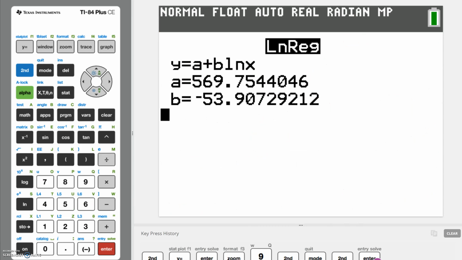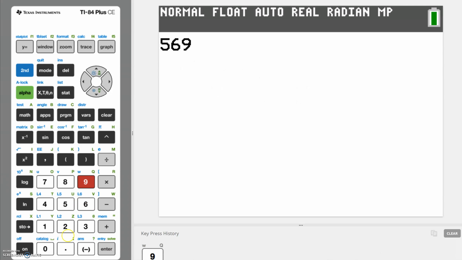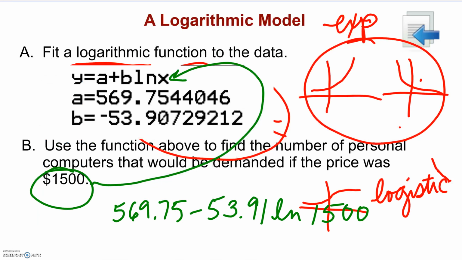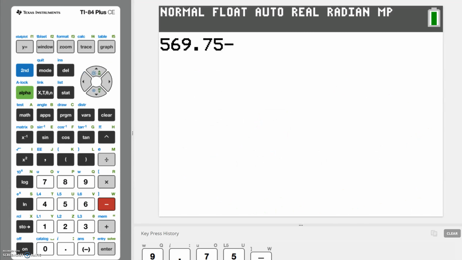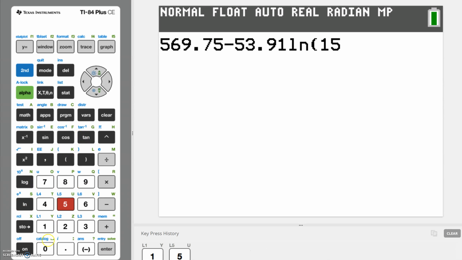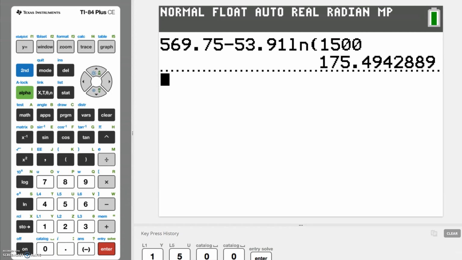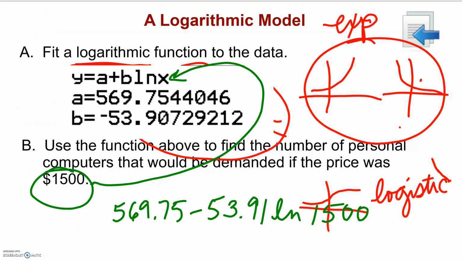So let's do that here. And so I get about 175 computers would be demanded in that case.